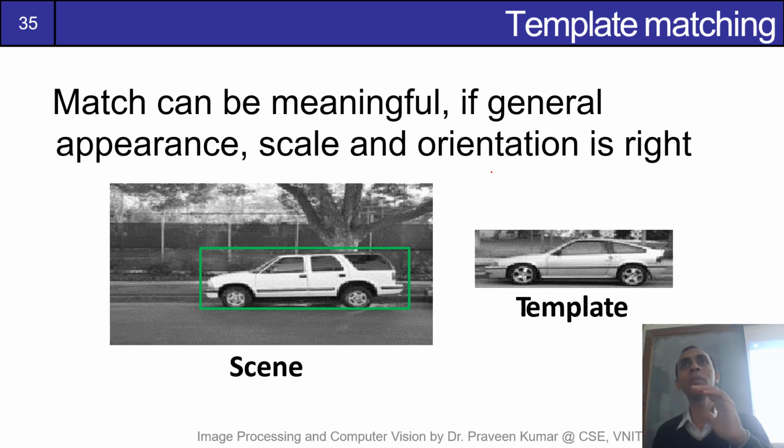If you change the orientation a little bit, for example, in this case, if the car was slightly tilted rather than straight, then you will not be able to get the high score. So template matching is just a very crude thing. It will fail in most of the scenarios, but still it is a very powerful thing if you are working in a constrained domain, if you know the template, if you know the object information.